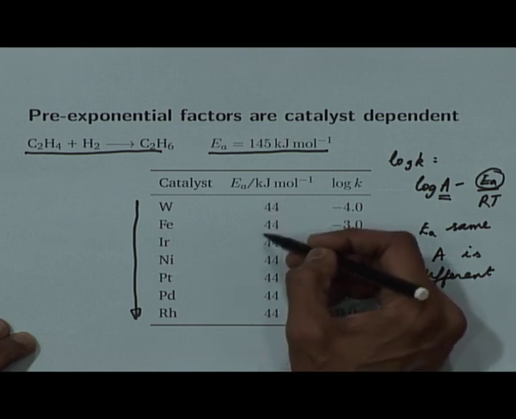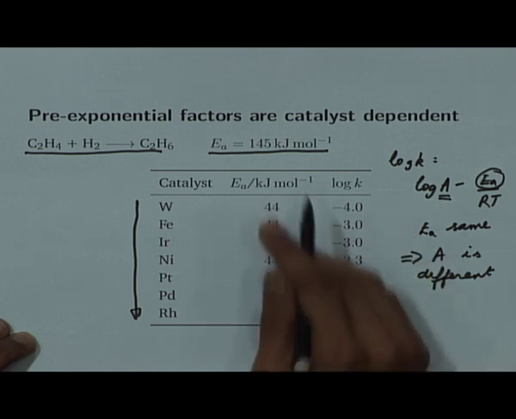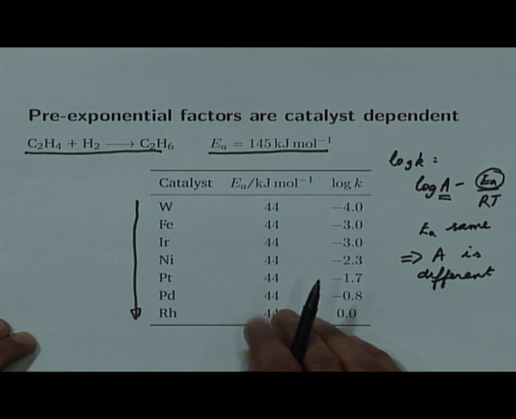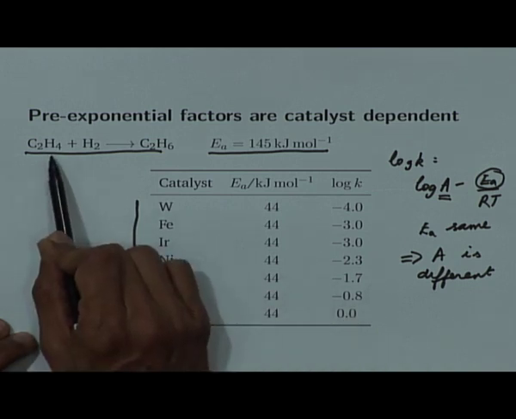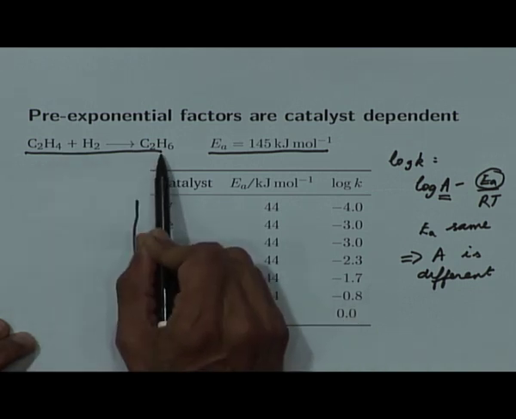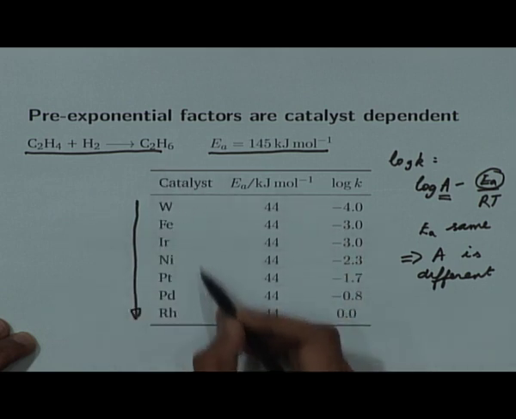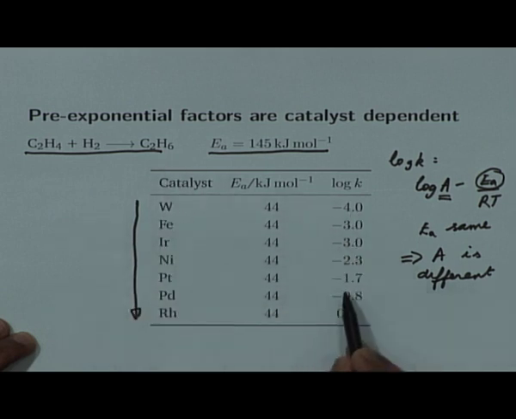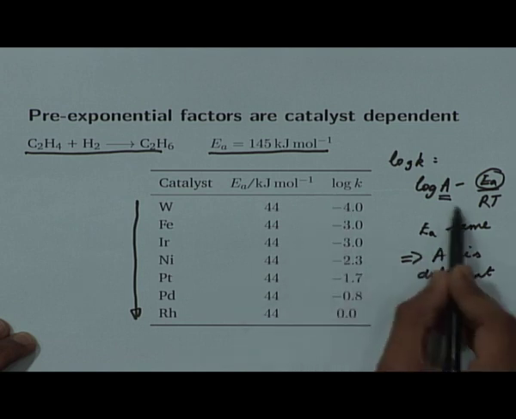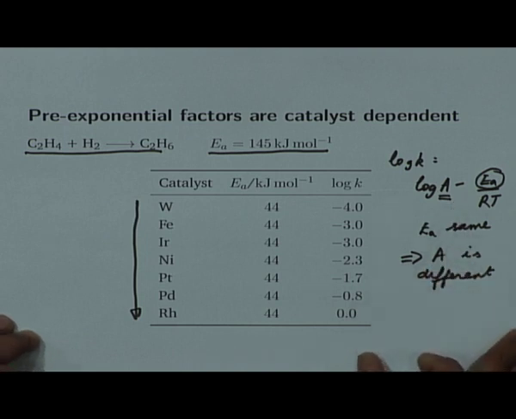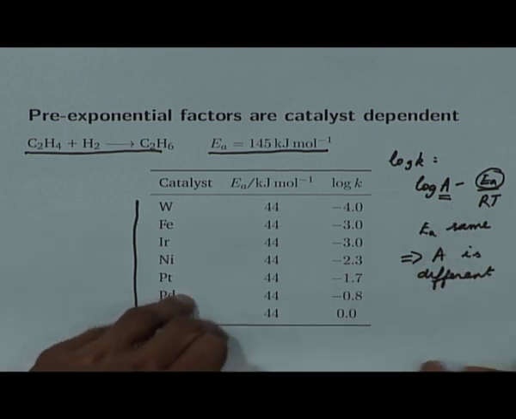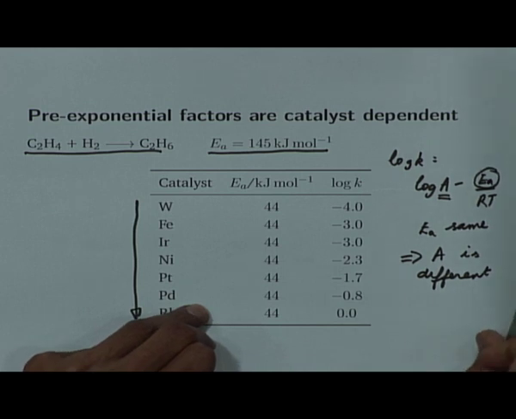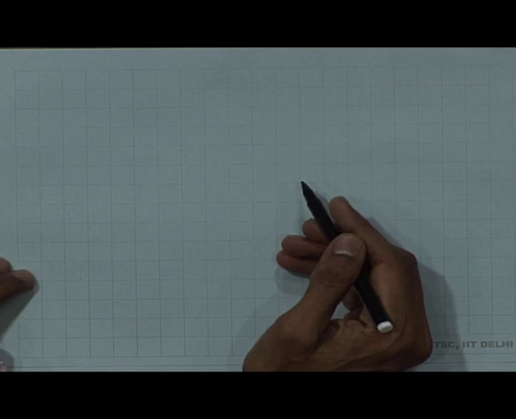So, these all provide a decrease in the activation barrier for this conversion of ethylene to ethane. But each of these catalysts has a different rate of reaction. So, this rate constant being different means that the pre-exponential factor is different, and we were trying to explain the reason for this difference in the pre-exponential factor.